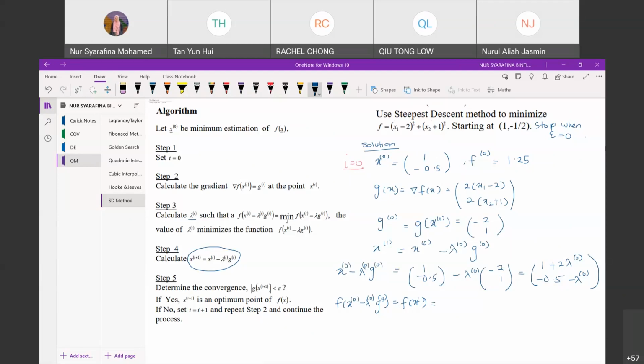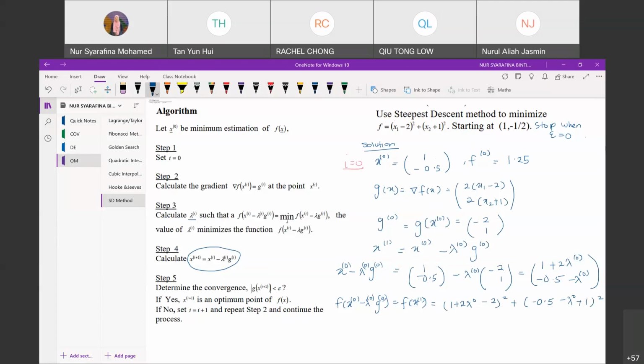Where is your function, f(x)? This one: (x1 minus 2) squared. So x1 now is 1 plus 2 lambda naught, minus 2, squared, plus (minus 0.5 minus lambda naught plus 1) squared.